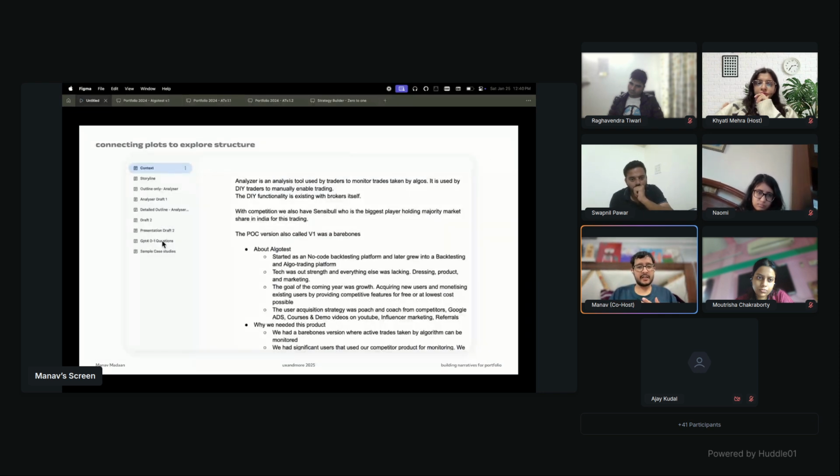The second thing I do is, based on my brain dump, I start building two or three lines of how I want to present it. What are the things I want to add in the story? I use Google Docs for this. If you see on the left side, these are the various iterations of the story that I've done.